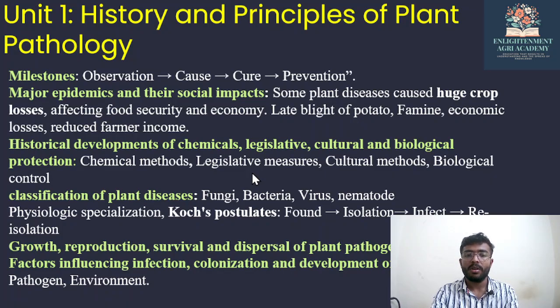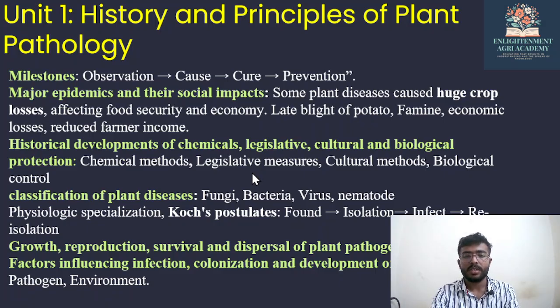Then historical development of chemical, legislative, cultural and biological protection. The government of India took some protection controls for disease control. The classification of plant diseases is on the basis of fungi, bacteria, viruses and nematodes. We will discuss these one by one in our upcoming lectures.